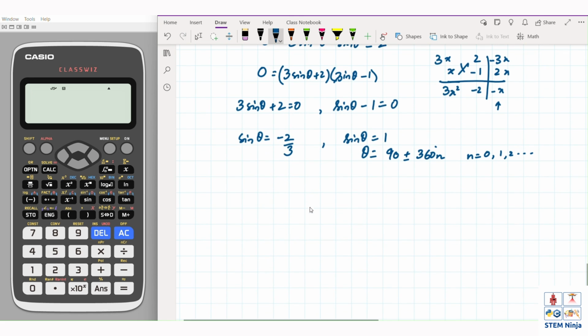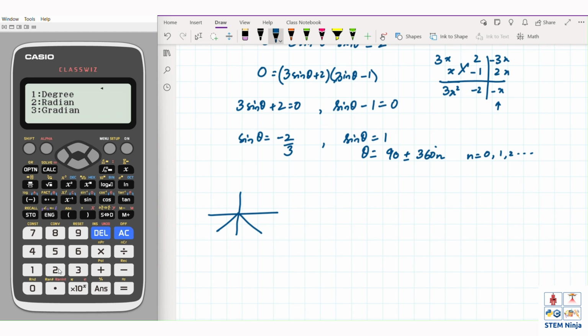So sine is negative in the third and fourth quadrant. First we need to convert it into degrees. Sine inverse of 2 divided by 3, we get 41.8, and this is 41.8.